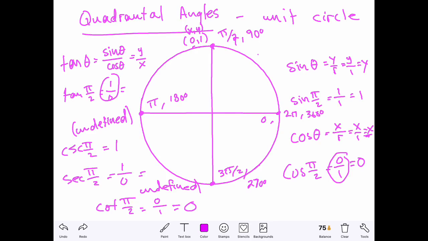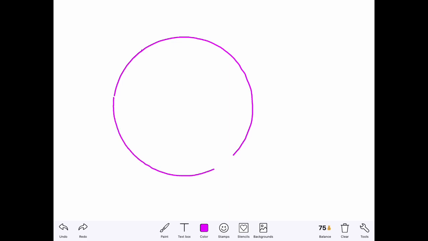Okay, let's look at another. I'm going to do this one a little over to the side to give myself a little more room on this right side to show, as we construct our 6 trig functions.